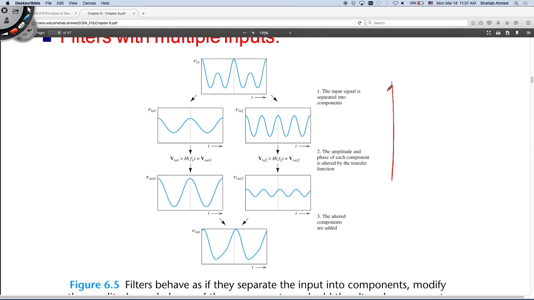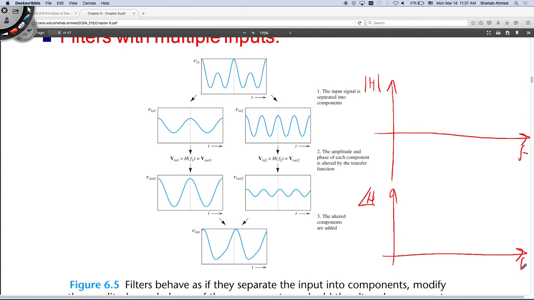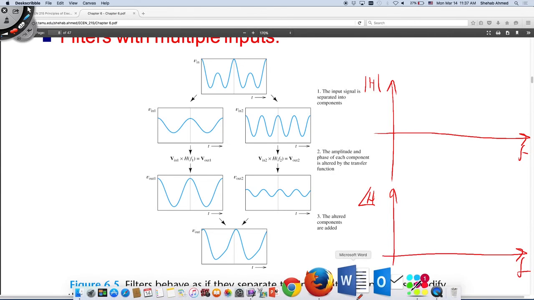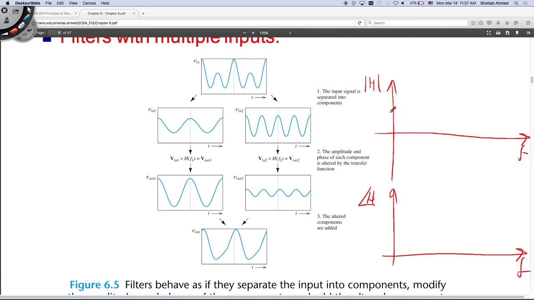something. So this is the magnitude of the transfer function, magnitude of H, with frequency. And then this is the phase angle of H with frequency, right? So I can draw something approximate and say, okay, this is my low frequency side here, and on the low frequency end, my input signal was multiplied by a gain of, let's say, 2, for example.